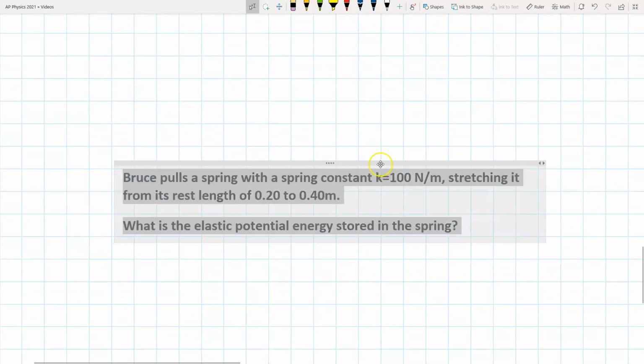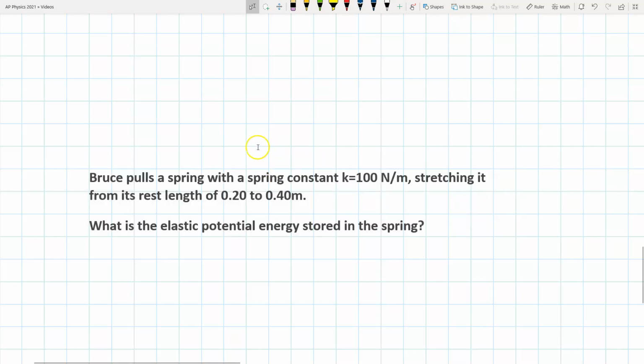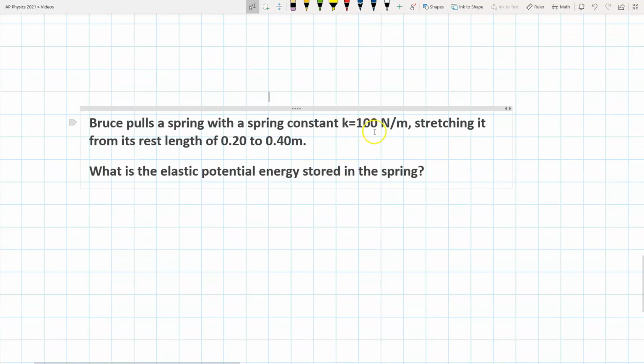Let's see. This next one is more like one of the con questions. Bruce pulls a spring with a spring constant of k equals 100 newtons per meter, stretching it from its rest length. So that's its equilibrium position, when it's at 0.2 to 0.4. All right.